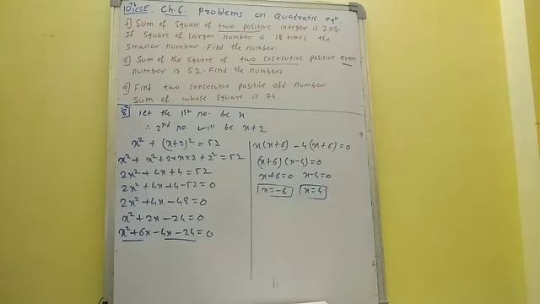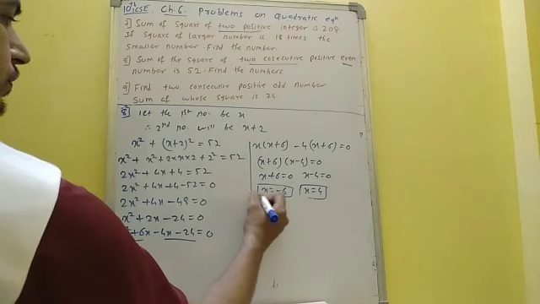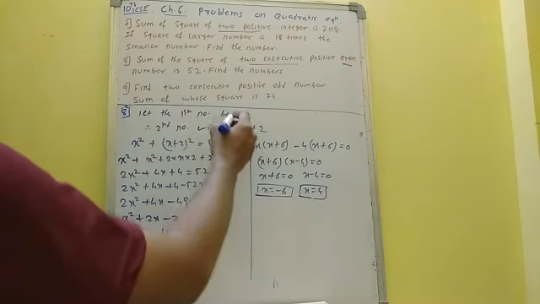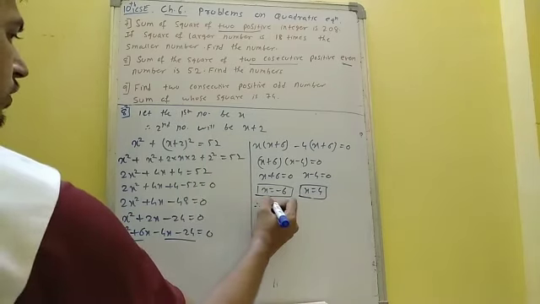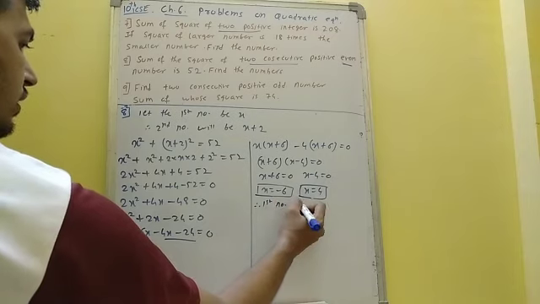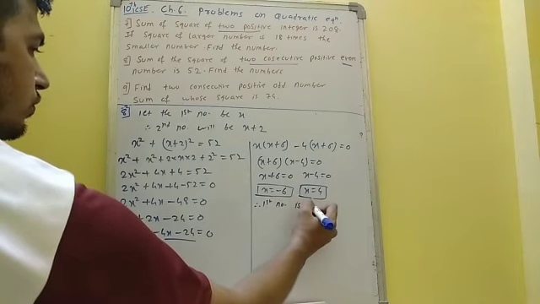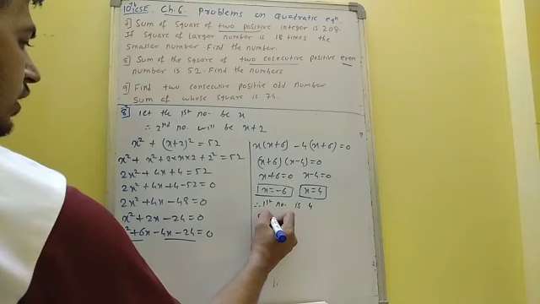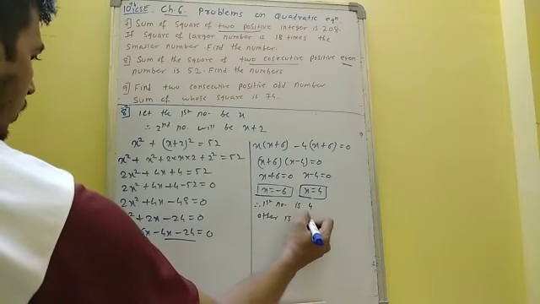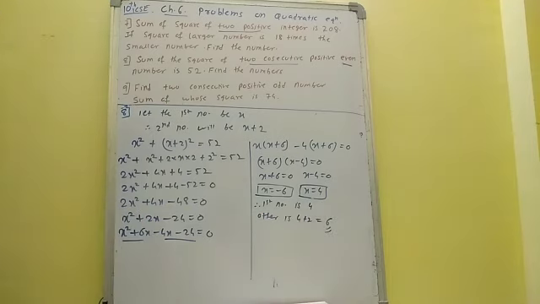Now x is equal to 4. Therefore the first number is 4 and the other is 4 plus 2, that is 6. So we have the two numbers 4 and 6.